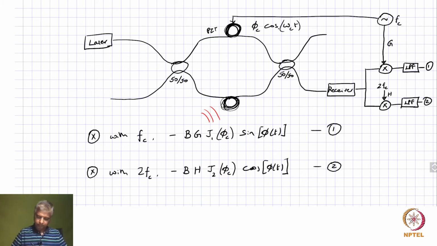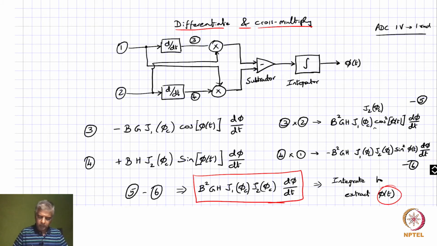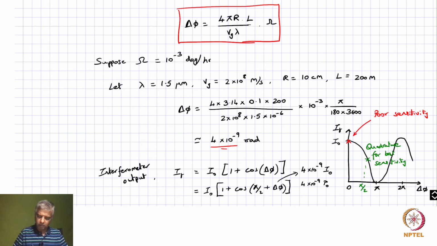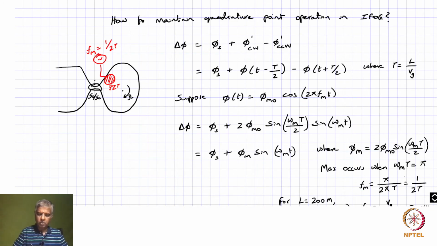And that is because your two waves are going through completely different paths. But here, when we talk about the IFOG, both the clockwise and the anti-clockwise components go through the same path.